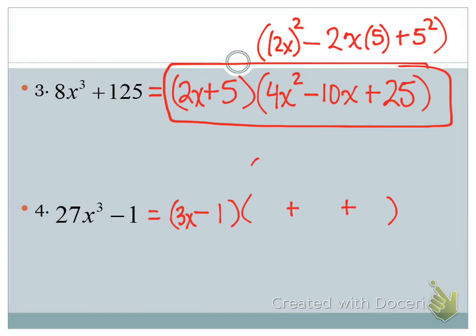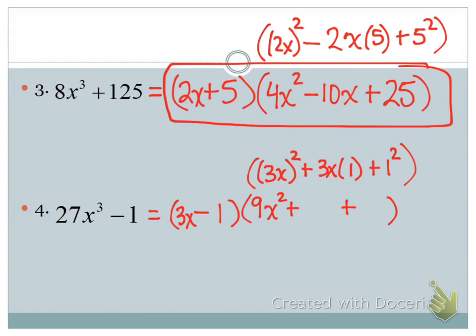So in our second set of parentheses, again, I'll write it out above what we're doing. We're going to take the 3x and square it. In the middle, we're going to take the 3x times the 1. And on the end, we're going to take 1 and square it. Okay, if we take 3x squared, we get 9x squared, good.